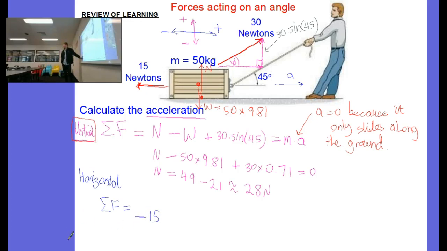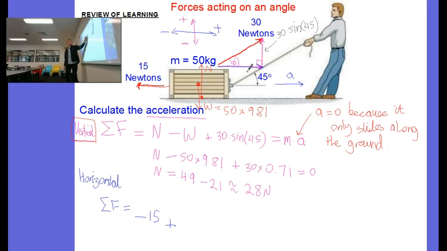I have to put a minus sign in front of that 15, because if I decide that to the right is positive and to the left is negative, any force acting in the left direction I must express with a minus sign. Then I've got this force here, which is part of the tension pulling force, happening in the positive direction, so I put an addition in my net force expression.